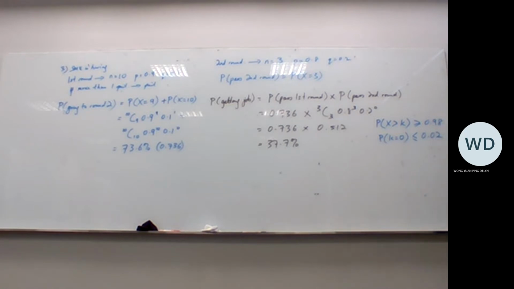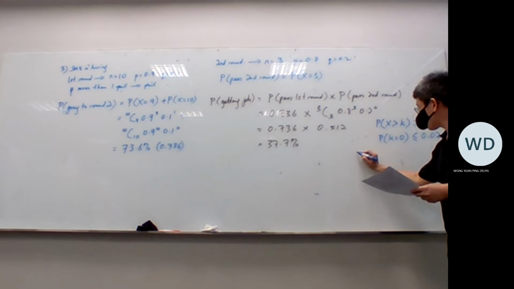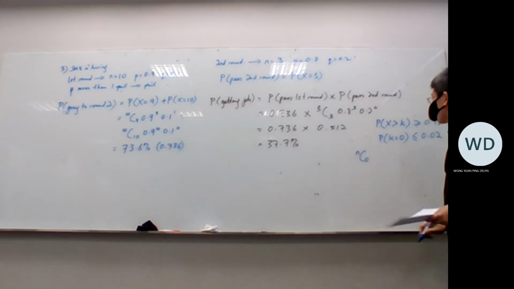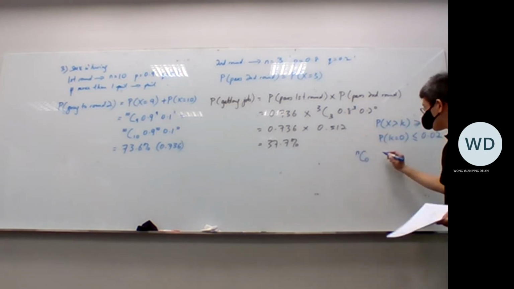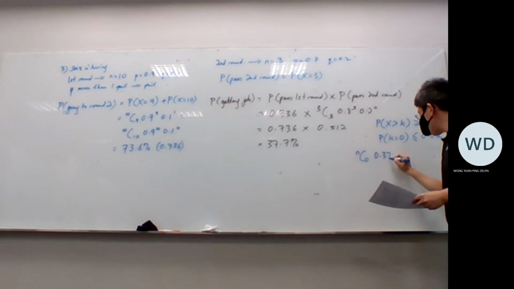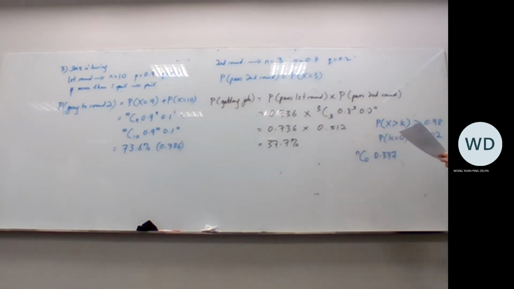Then you work it out. Your probability here, 0.377 of job offering. Then you take 1 minus 0.377 to the power of n. Okay, so this is less than 0.02.